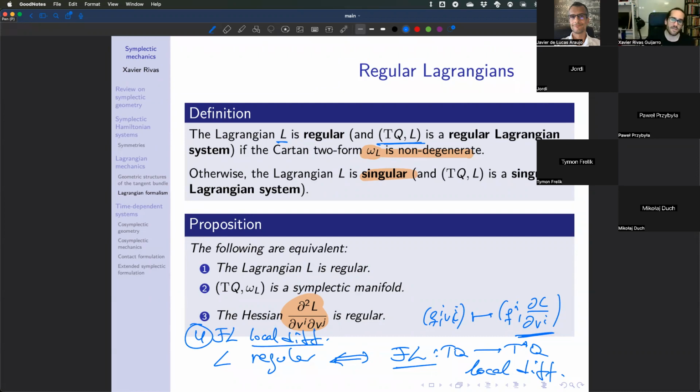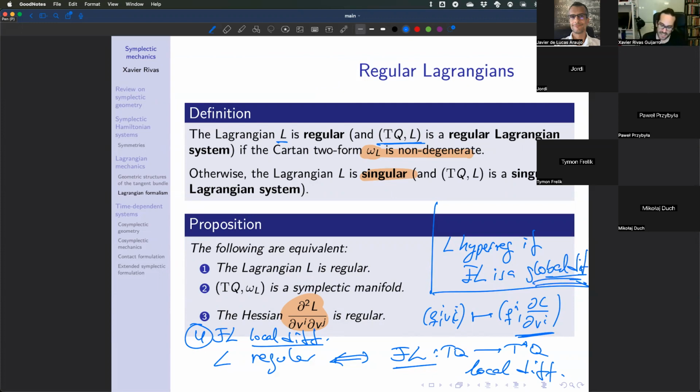And I want to tell this because sometimes people talk about hyperregular Lagrangians. What are hyperregular Lagrangians? L is hyperregular if FL, the Legendre map, is a global diffeomorphism.